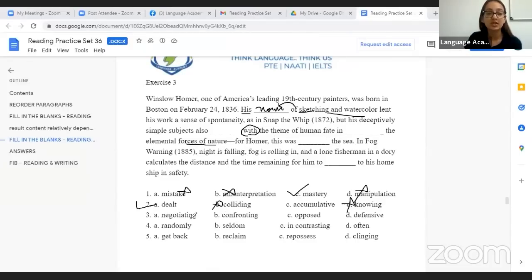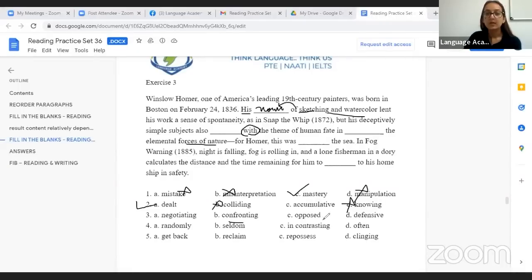In negotiating, can we negotiate with the forces of nature? We really cannot negotiate with water or sea or fire or wind. In confronting, confronting means challenging or tackling, so both ways we can use the word confronting.